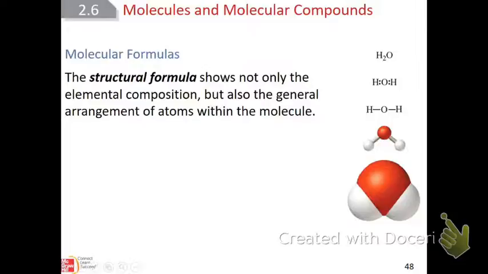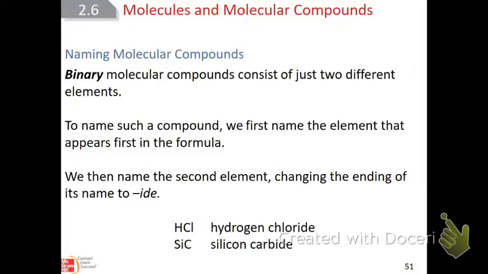And then binary molecular compounds. Binary, bi meaning 2. So binary molecular compounds are made of 2 different elements, such as water, which is a binary molecular compound because it's just got hydrogen and oxygen in it.